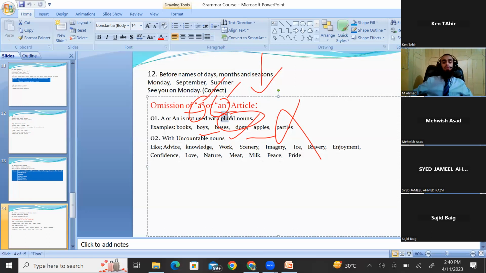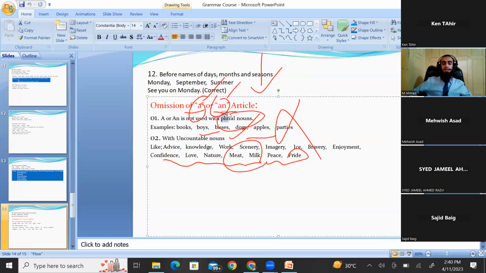Very good. Knowledge, work, scenery, imagery, bravery, enjoyment, confidence, love, nature, meat, milk. Very good. Peace, pride. Now, all these nouns, which we cannot count, are called uncountable nouns, right?